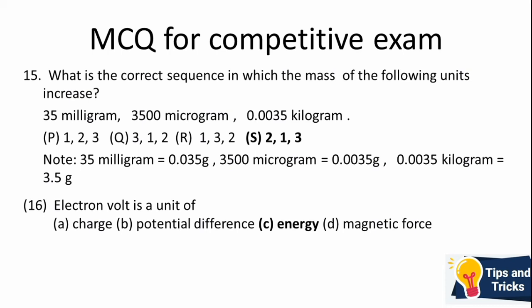Potential difference is a physical quantity whose unit is volts. Energy is a physical quantity whose unit is joule. So electron volt is a unit of energy, and we have already discussed 1 electron volt is equal to 1.602 into 10 power minus 19 joules.